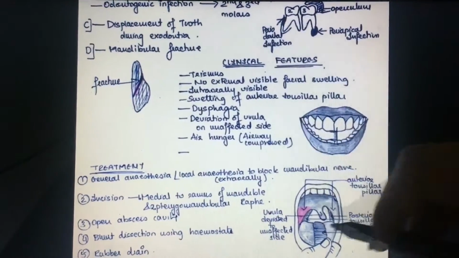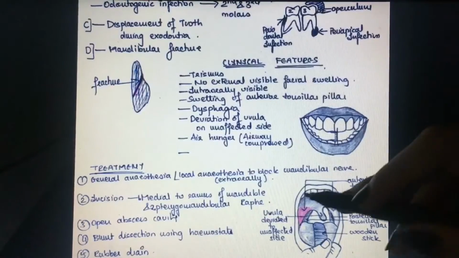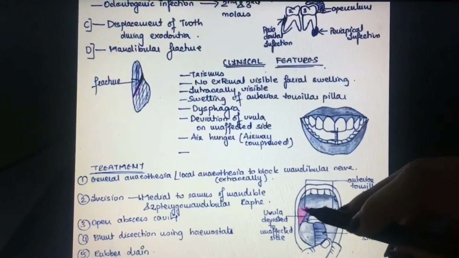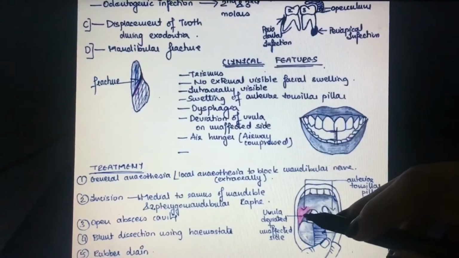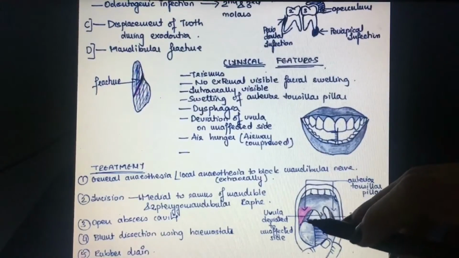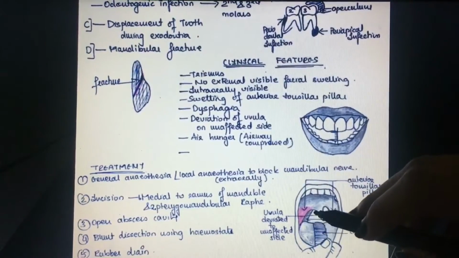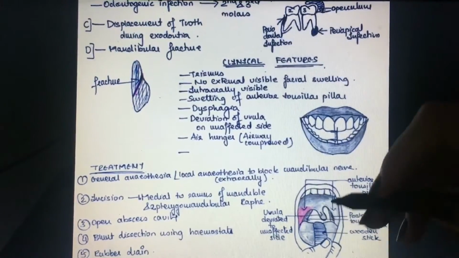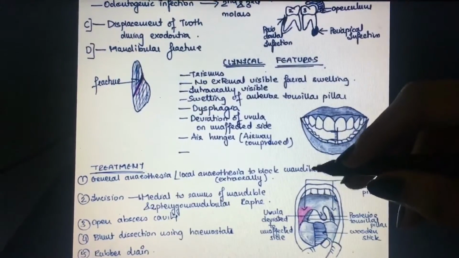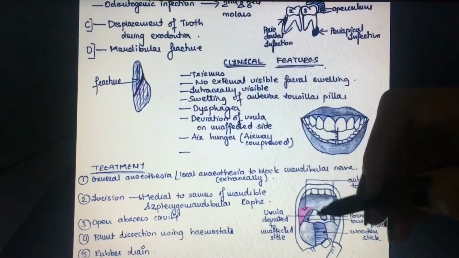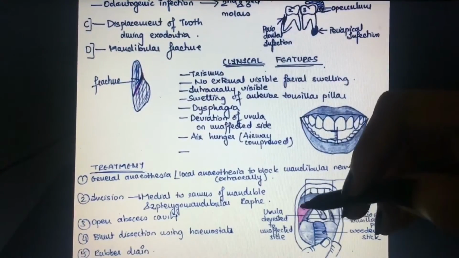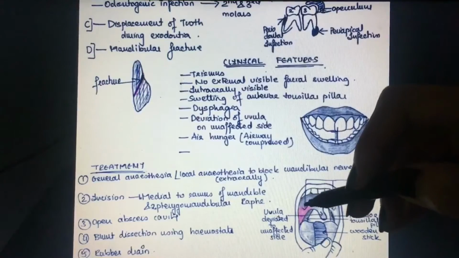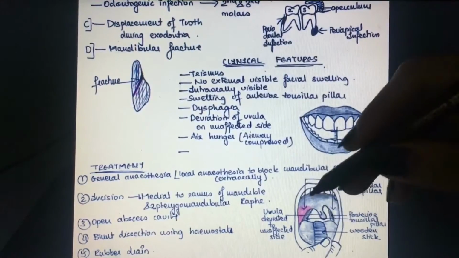Now, what is the anterior tonsillar pillar? In this diagram, you can see this is the anterior tonsillar pillar. This one at the posterior part is the posterior tonsillar pillar, and between these two we have the tonsils. So there will be redness and swelling of the anterior tonsillar pillar over the affected area.